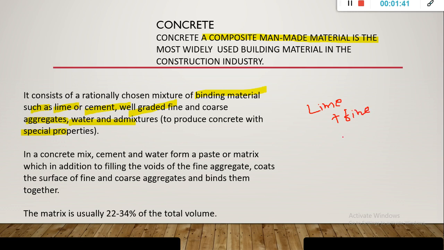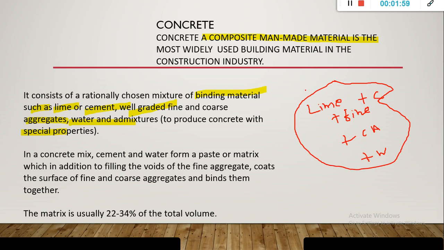Then we also add coarse aggregate, then we also add water. So jetia ami lime, fine aggregate, coarse aggregate, water and cement ei gutei khini jetia add kori eta mixture pao, that mixture is nothing but a concrete.